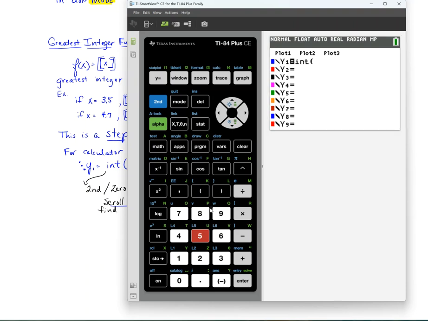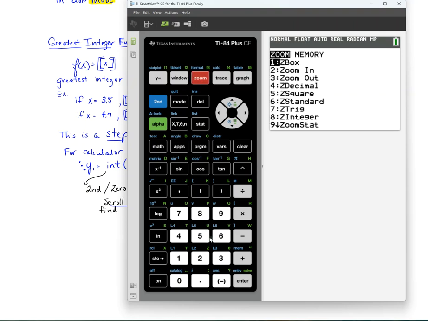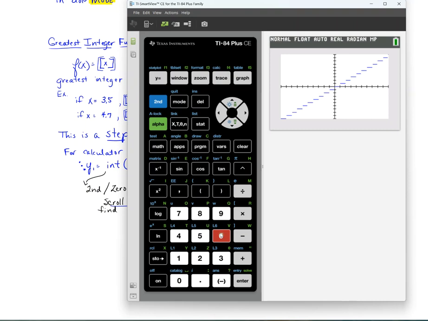And then if it's just plain x, we can put an x and close that parentheses, and then we can graph. Oh, I didn't do the, here, let me do zoom 6, and there we go. Sometimes you'll have to put it in dot mode. This one didn't have to. But there you go. You've got the steps.